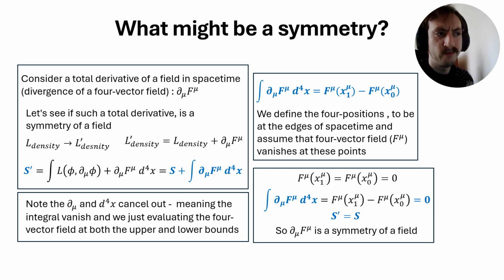It's shifting the field in some way, but it's not changing its behaviour, because we're still minimising our action just as we were before. So the change in the Lagrangian doesn't have any physically measurable, observable effects, even if we can visually see that this shift has occurred by having some image of the old field and some image of the new field. And therefore the shift is a symmetry of our field.